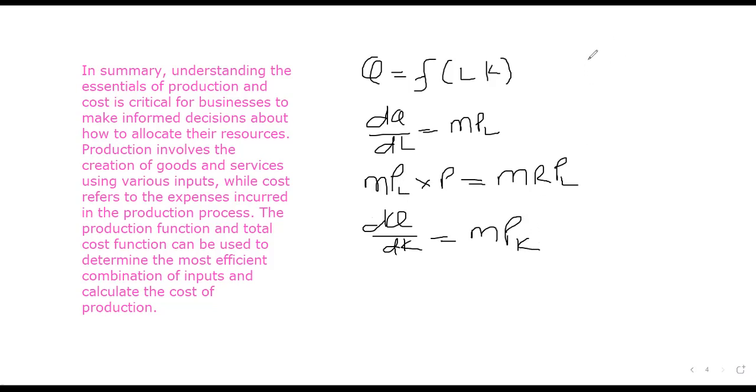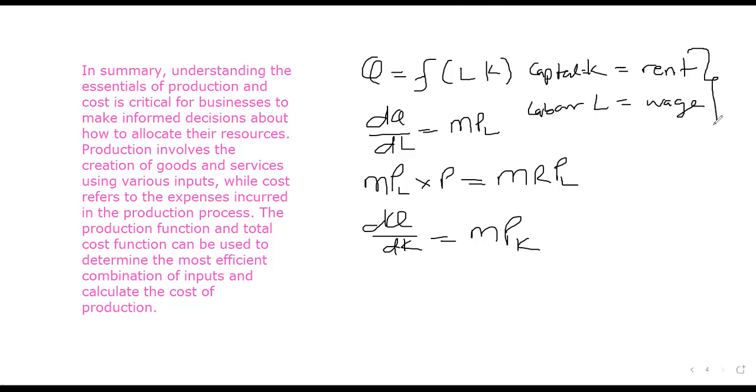So the reward for capital is called rent. The reward for labor is called what? To start with, K stands for capital. So its reward is called rent. L stands for labor. Its reward is called a wage.